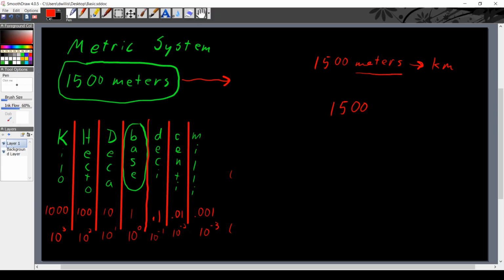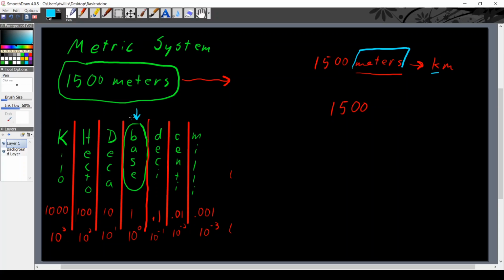Let's switch to maybe another color, this kind of baby blue. So I've started at 1,500 meters, and so that is my base unit. So I'm right here. And I would like to go to kilometers, and I just need to say to myself, how many steps is that?